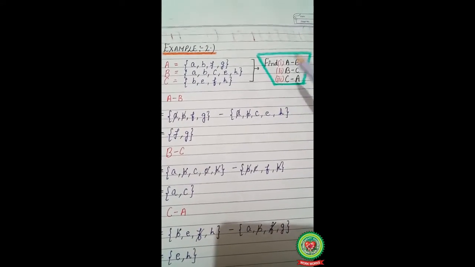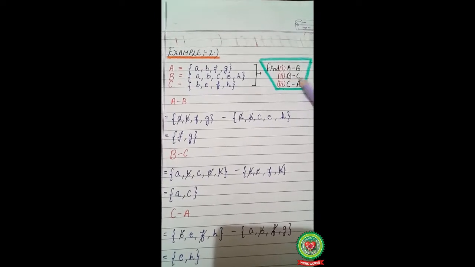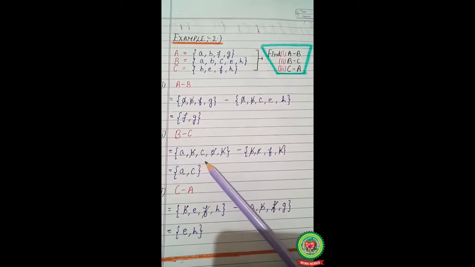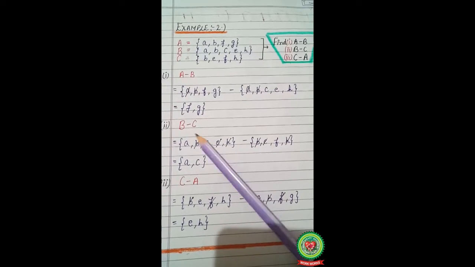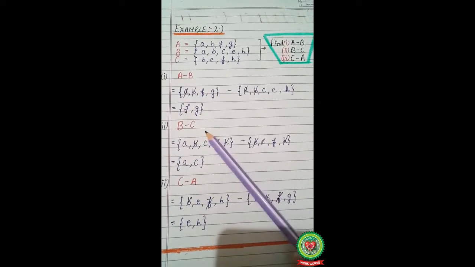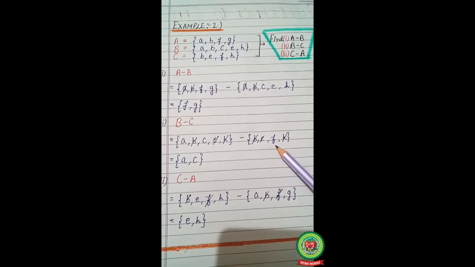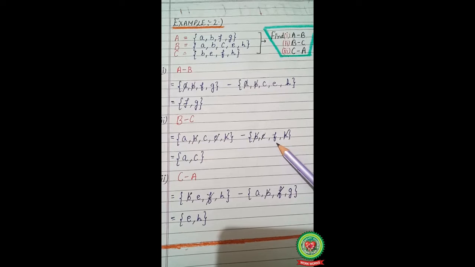Next we need to find B minus C. You will write all the elements of B minus all the elements of C. Again, whichever similar elements are in both these sets, you will cut them down.